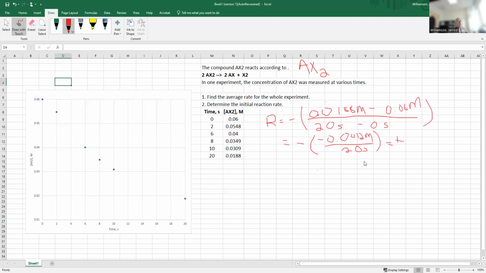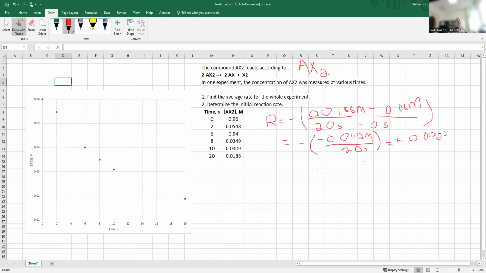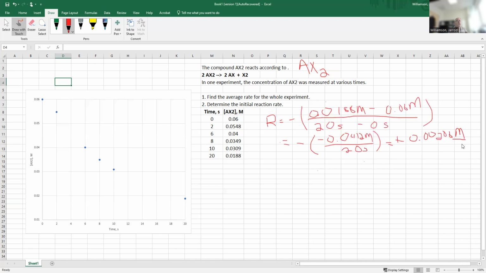Wish the thing would stop doing that. Positive 0.0206 molarity per second for the average rate over the entire reaction period.